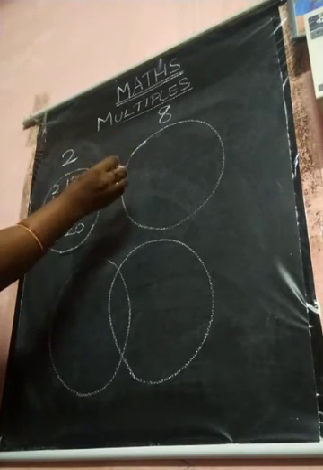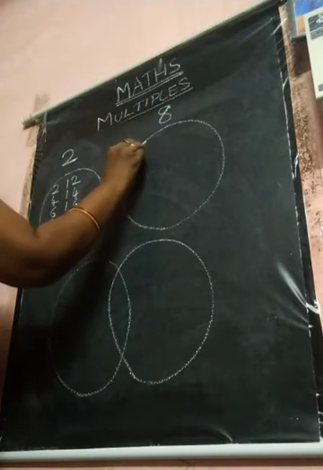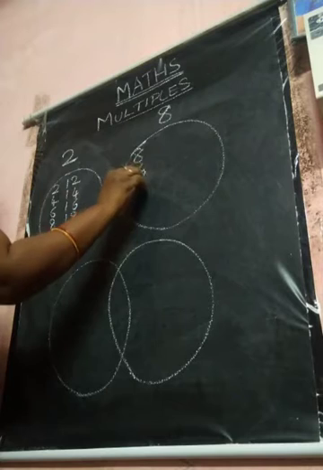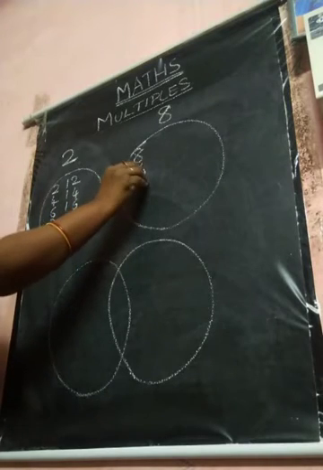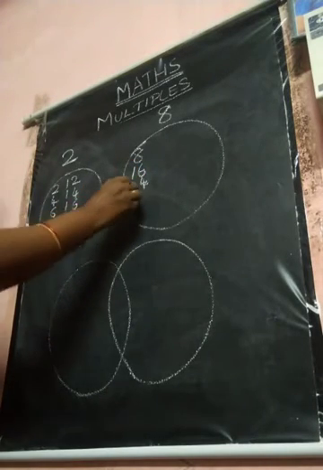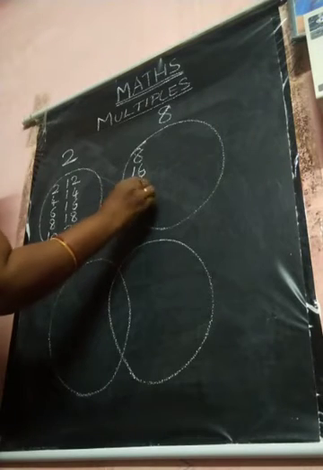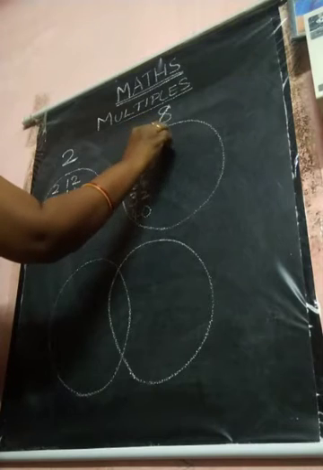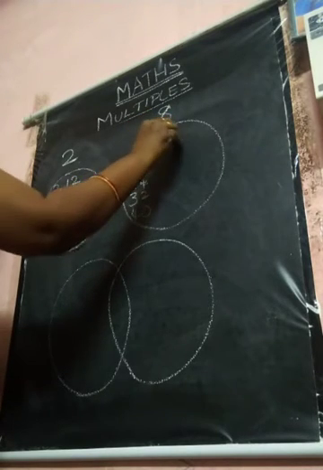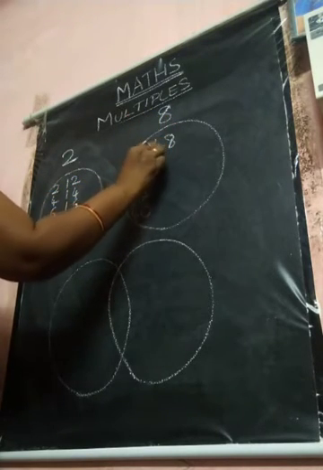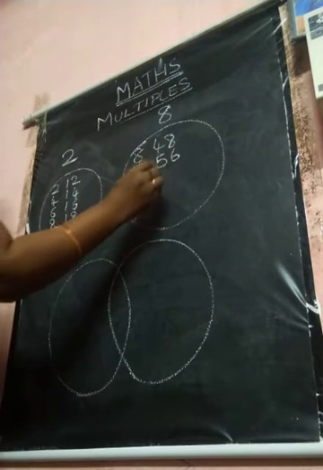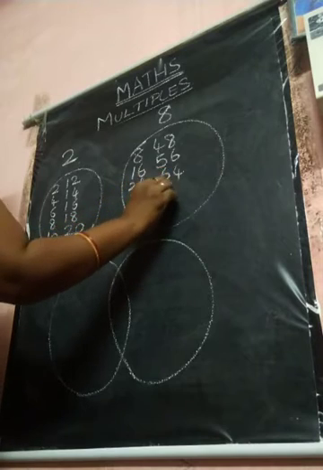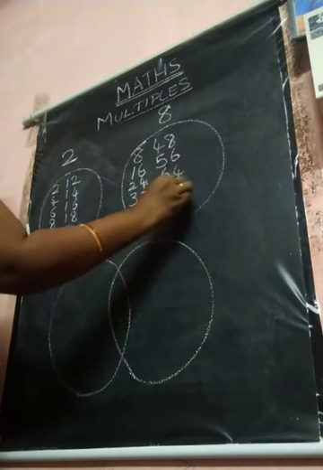After that you write the 10 multiples of 8. 8 1s are 8, 8 2s are 16, 8 3s are 24, 8 4s are 32, 8 5s are 40, 8 6s are 48, 8 7s are 56, 8 8s are 64, 8 9s are 72, 8 10s are 80.